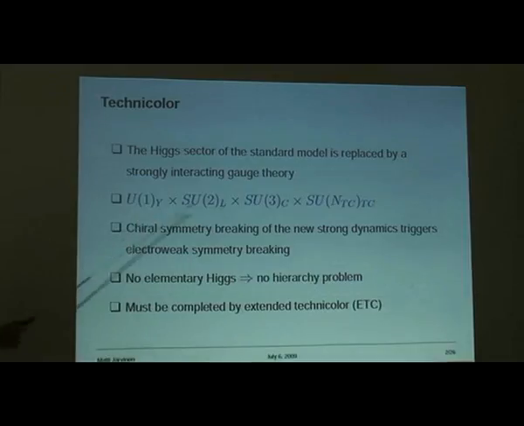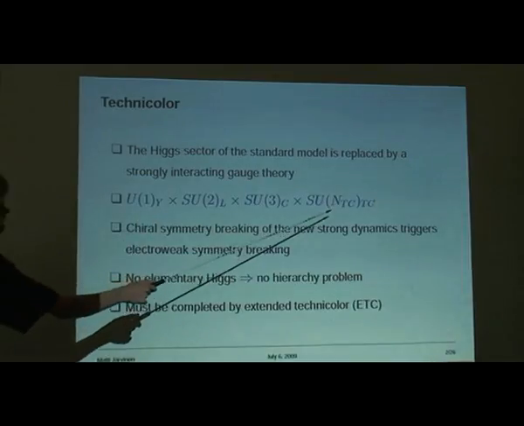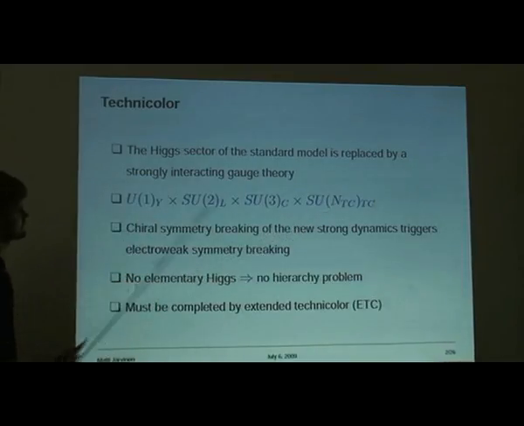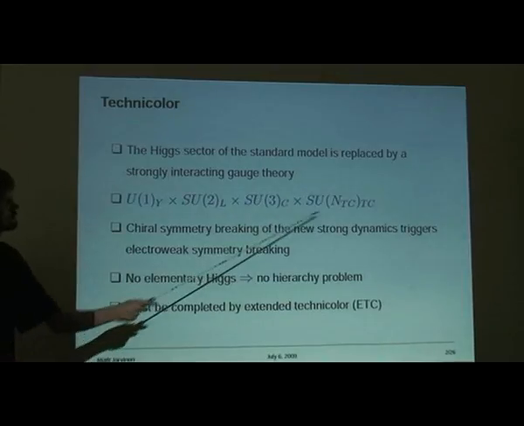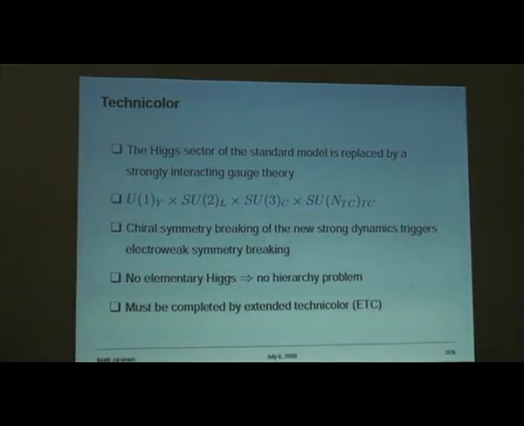So the overall gauge structure is something like this. In addition to the standard model gauge groups, you have a new gauge symmetry, which is the technicolor symmetry. And now the idea is that, in this new gauge theory, which is a strongly interacting theory, you will have a chiral symmetry breaking just like in QCD.